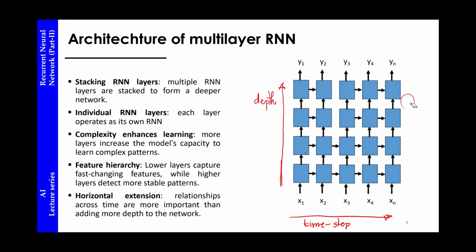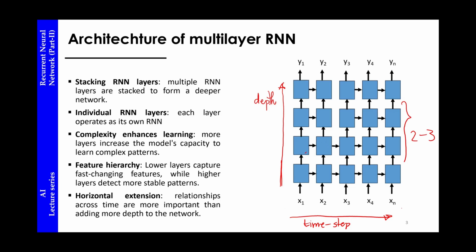Generally, we prefer not to have more than 2 to 3 layers in recurrent neural networks. But extending them horizontally along the time steps is something we like, because it can capture more interesting features.